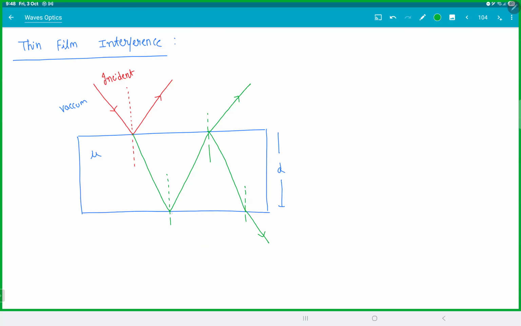So then what people do, we put a lens in front of them because both the rays are parallel. So this ray goes and meets at the focus.